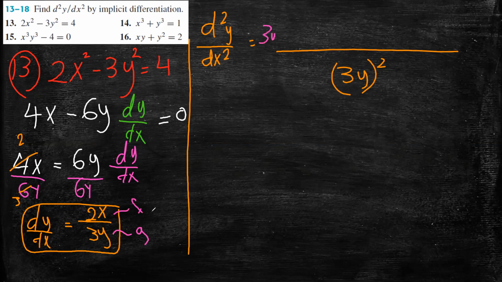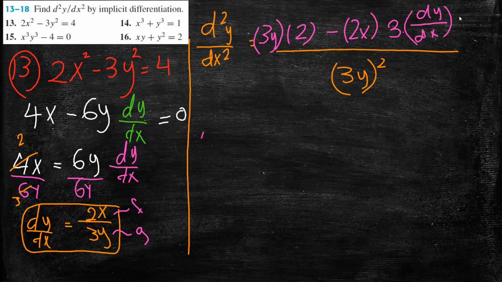So it's 3y, g, times f prime. What is the derivative of 2x? 2. It is 2 minus f times g prime, which is 3 times, since I find the derivative of y, I have to write dy over dx.